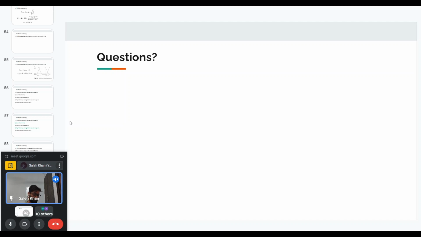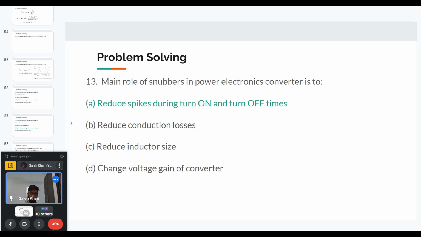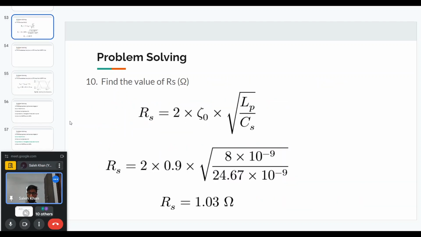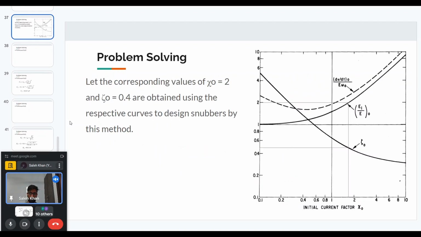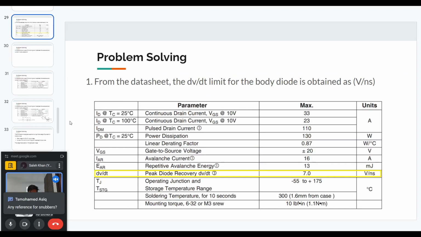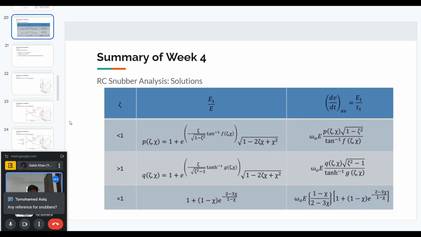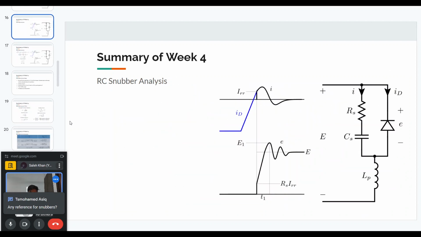Another question is what happens to the excess energy that the components of an RC snubber absorb. The snubber capacitance will take the voltage, and that will lead to some energy in the snubber capacitance.